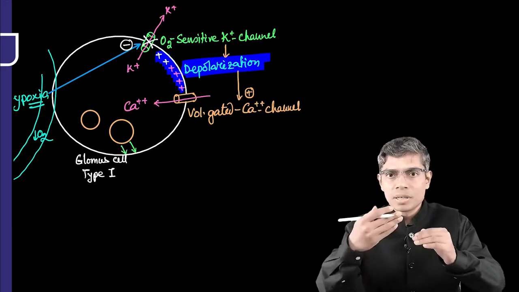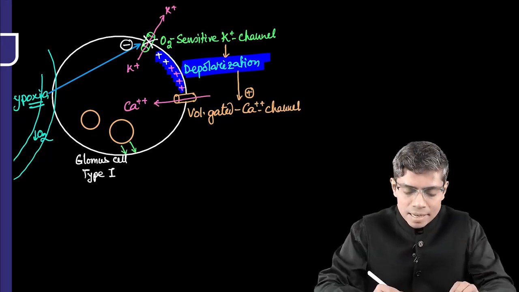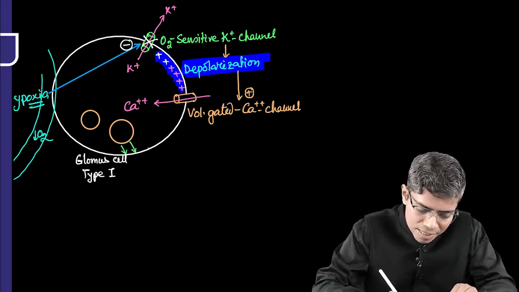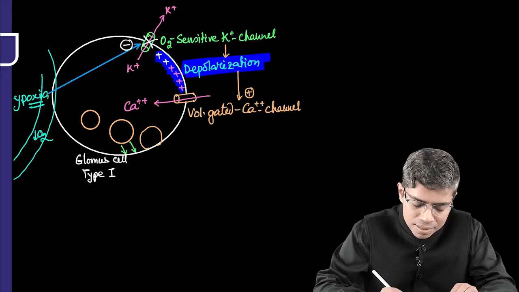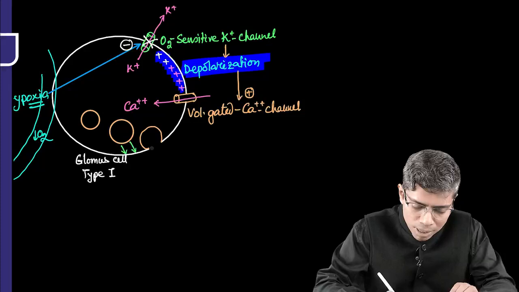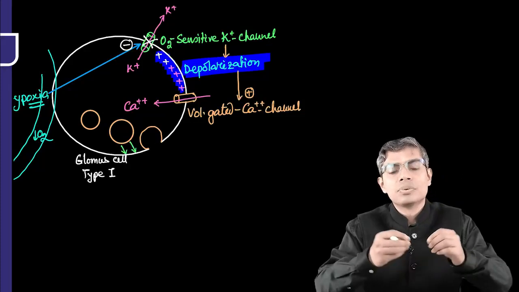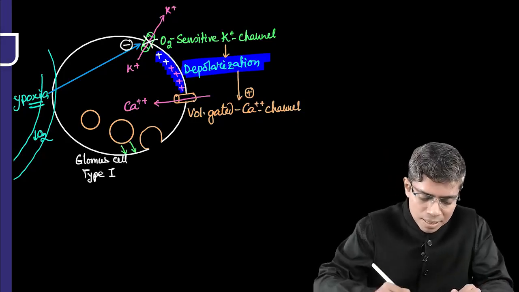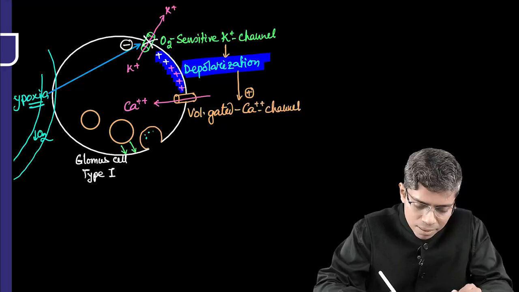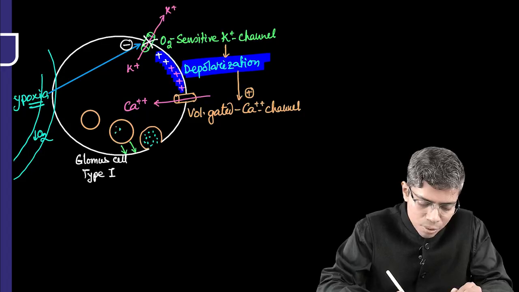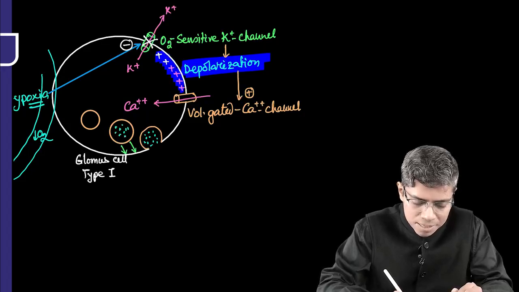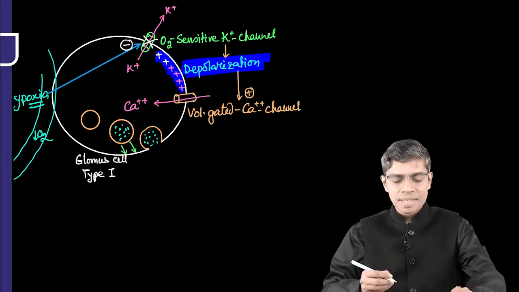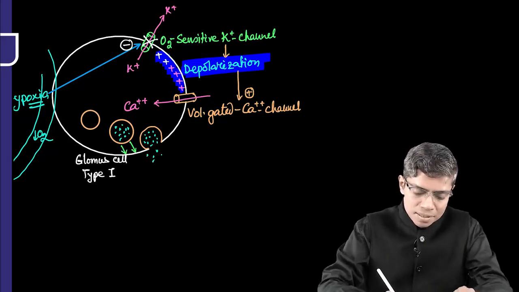Then the vesicular membrane and the plasma membrane of the cell fuse with one another, which leads to rupture of this area. Whenever there is rupture, the neurotransmitter present inside these vesicles is released, right?